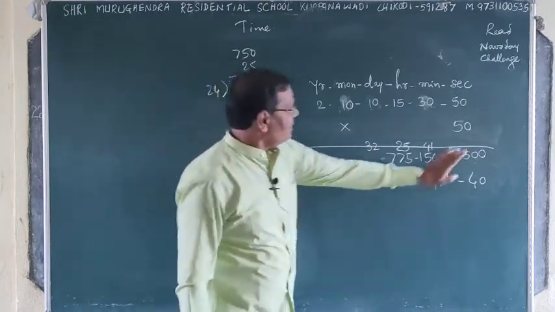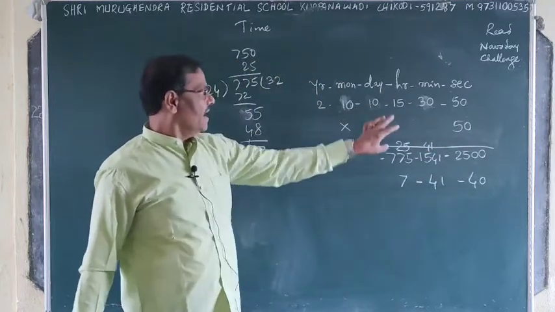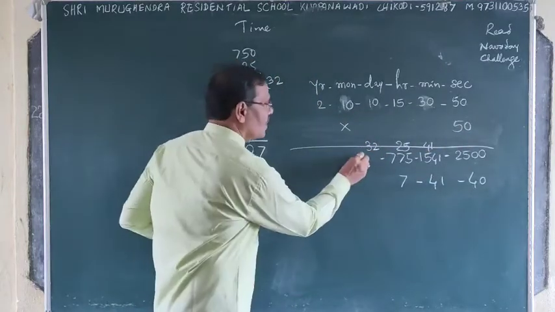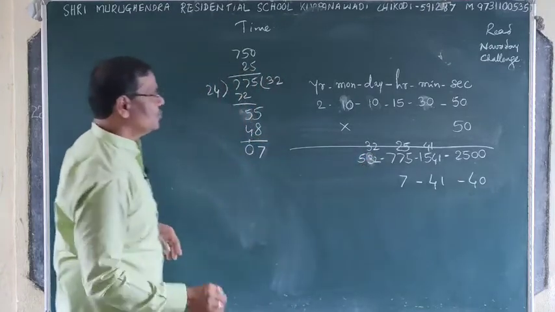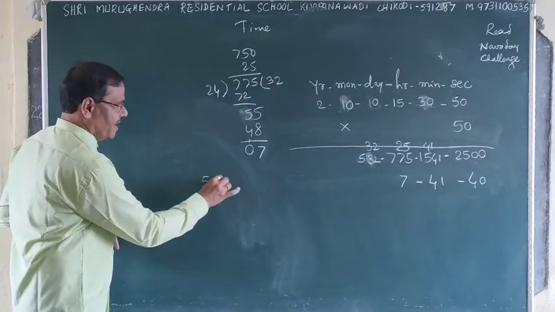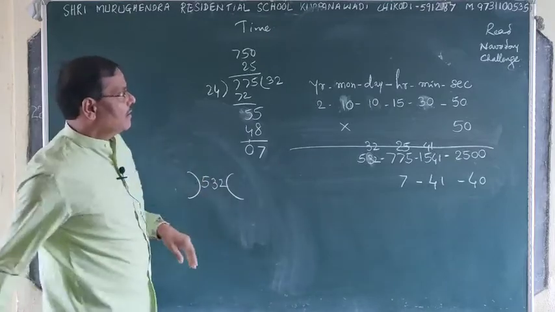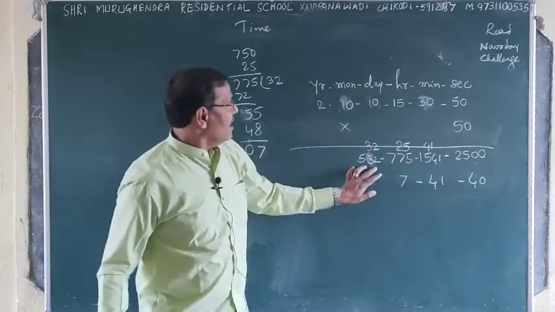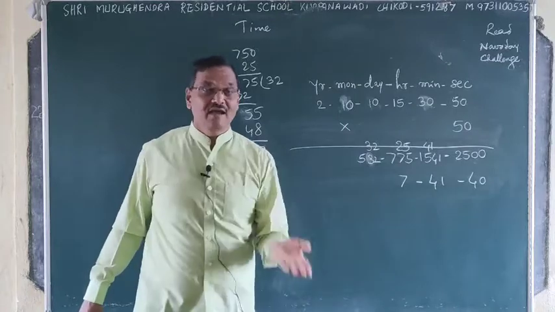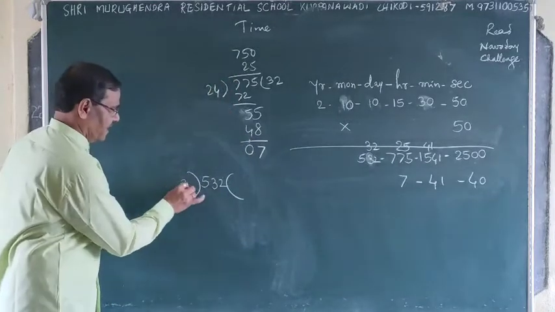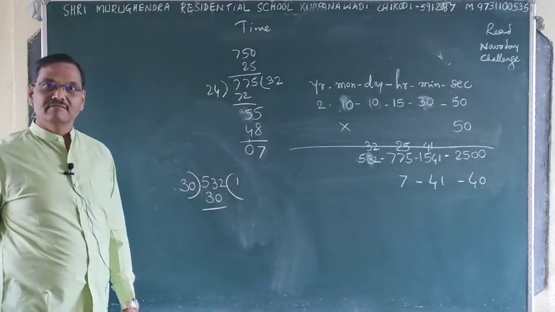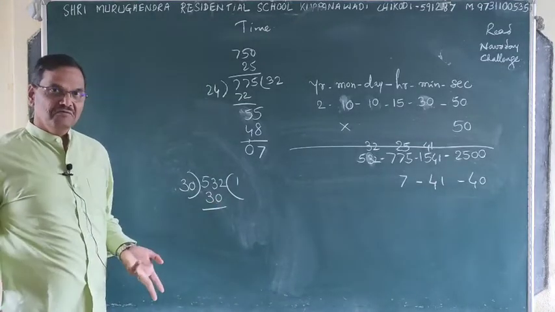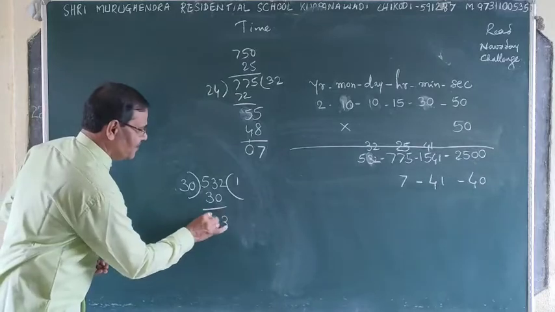Okay. Then 50 tens are 500 plus this 32, 532. This should be divided by days, 30 days make 1 month. 30 1s are 30, because 2s are 60. 3, 2.